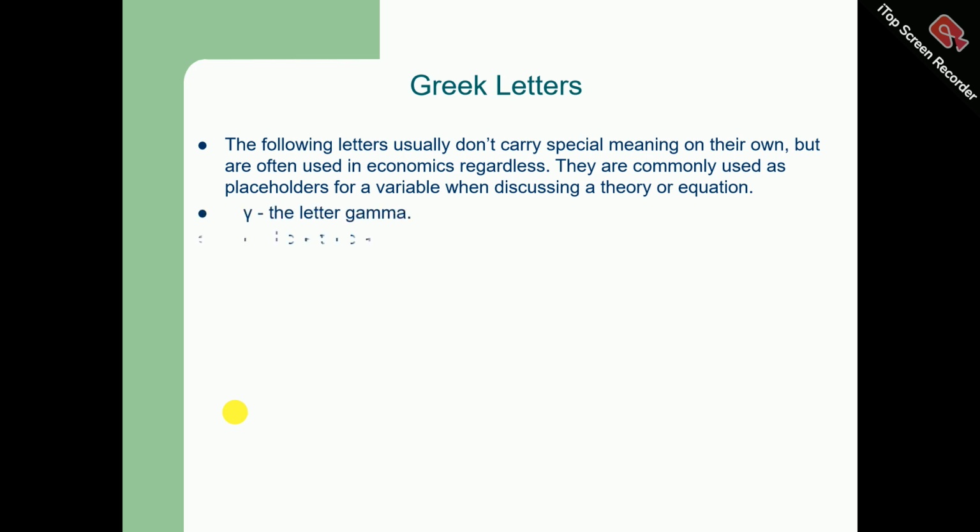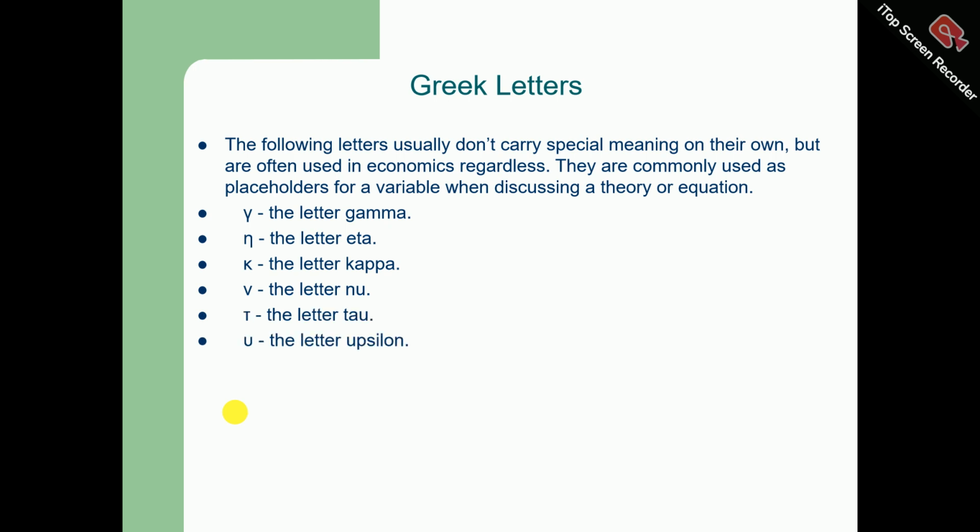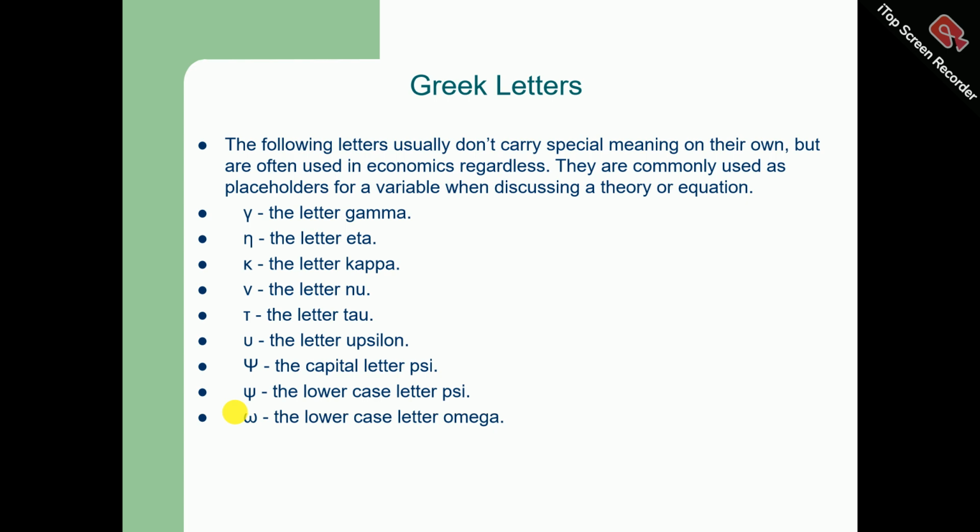This is letter gamma, this is eta, this is kappa, this is nu, this is tau, this is epsilon, this is the capital letter psi, this is the lowercase letter psi, this is the lowercase omega. So these are the various Greek letters that are used in mathematics, also used in statistics, econometrics, and in economic theory.